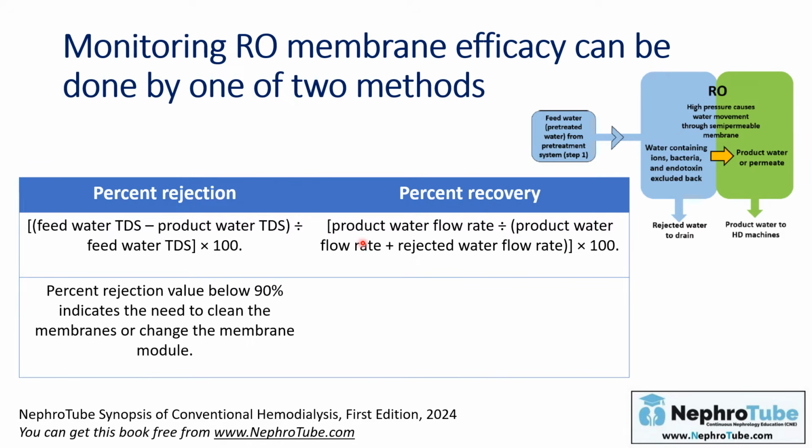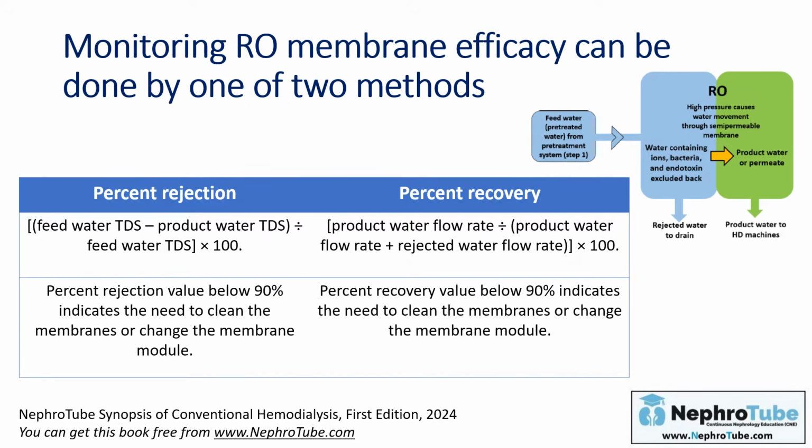You put the product water flow rate divided by the sum of the product water flow rate and the rejected water flow rate, multiplied by 100. Actually, if this percent recovery is below 90%, it indicates the need to clean this membrane or change it.